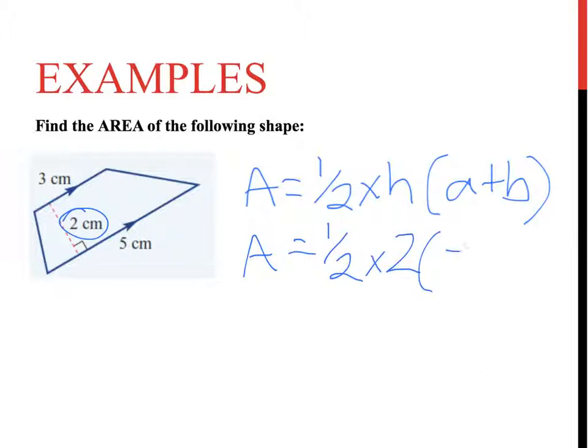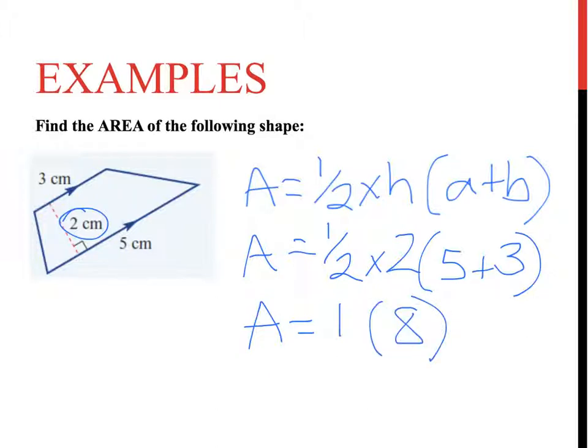A is 5, B is 3. B could be 5 and A could be 3. It really wouldn't matter. It's like saying 5 plus 3 and 3 plus 5. You get the same answer. So let's move from left to right. I can just plug this straight into my calculator, or I could be a little bit more tricky. What's 2 divided by half of 2? 1. I'm not an idiot. Brackets, 5 plus 3 is 8.